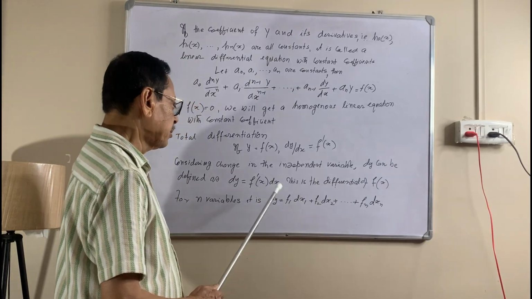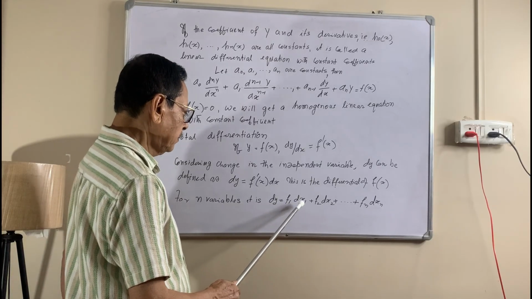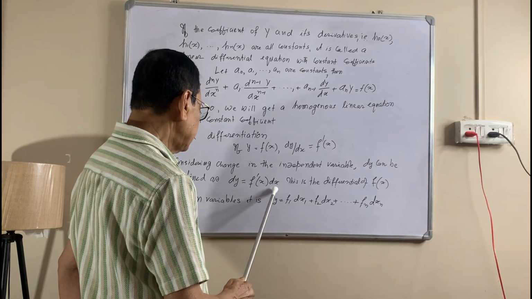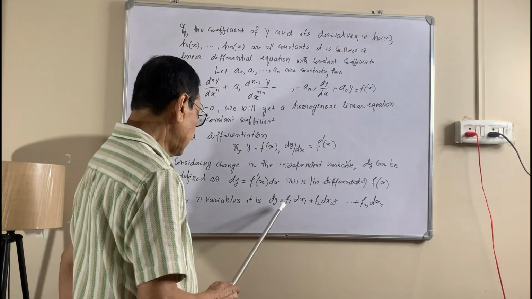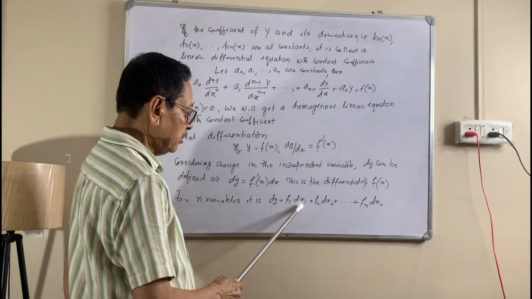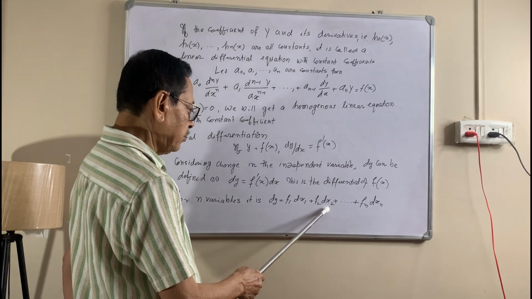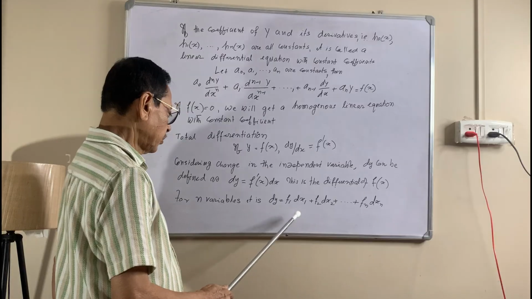We should remember that if y is a function of n independent variables, then the change in y, when all variables change at the same time, will be the first derivative with respect to the first variable plus the first derivative with respect to the second variable, and so on.